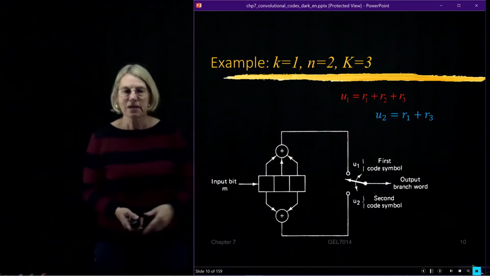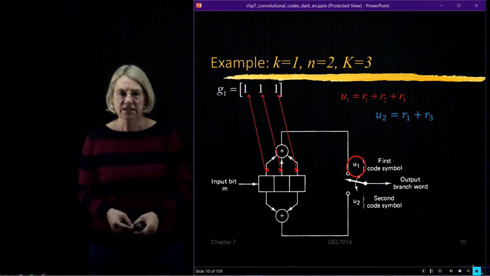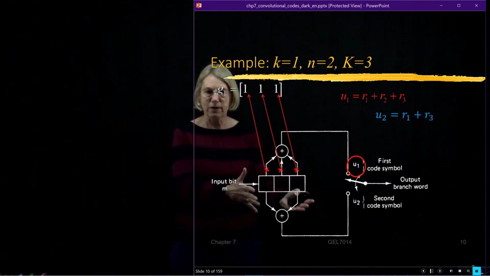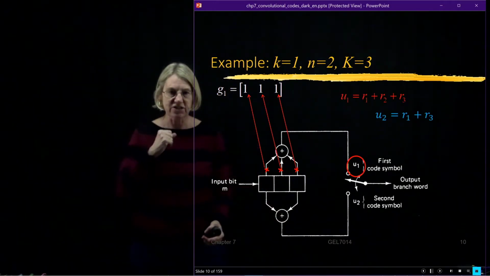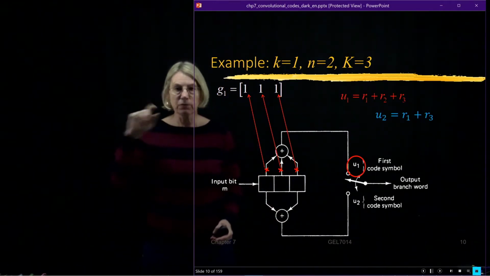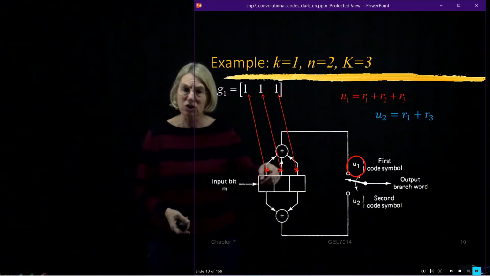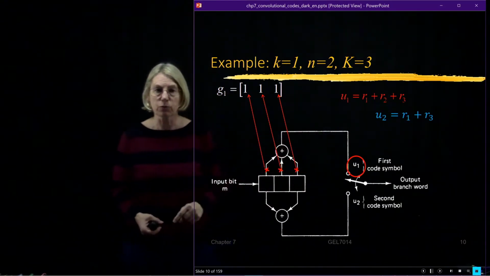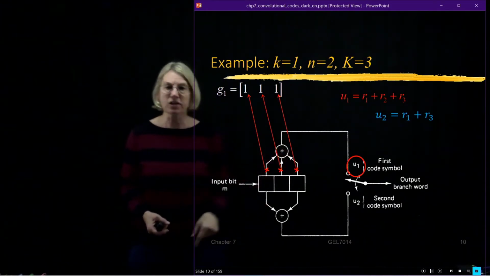output. So let's think of this as being represented in a vector. So I have this shift register representation, which was our first representation, and our second representation will be in terms of a vector. So the only thing I do is I look at the interconnections, and I see that for the first bit of the code word, all 3 of the registers are contributing.